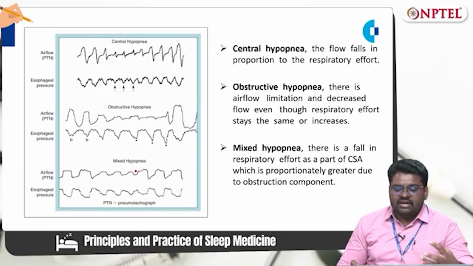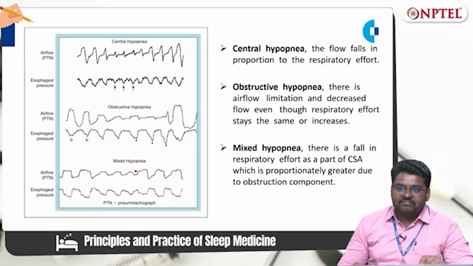So only the obstruction part is predominant. And mixed hypopnea, where there is a fall in respiratory effort as a part of central sleep apnea, which is proportionately greater because of the obstruction component present in the patient. So it is kind of both.